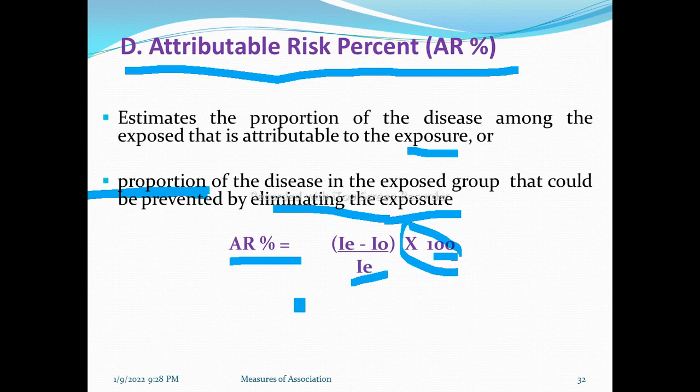The difference is that we divide by incidence in exposed and multiply by 100, and this is known as attributable risk percent.